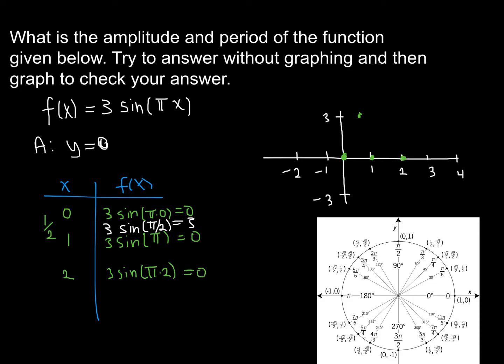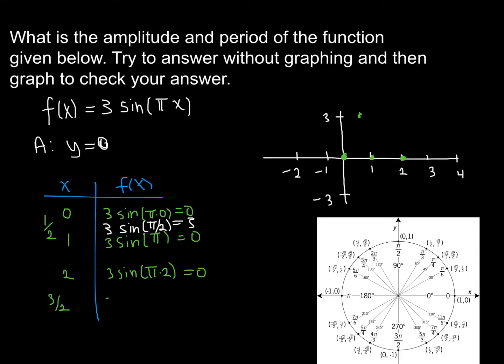But we know it doesn't just travel straight across. We know that sine, as it moves down, is going to go negative, hit its minimum, and then come back up to 0. Where is it going to hit its minimum? Well, in between 1 pi and 2 pi at 3/2 pi, or x equals 3 over 2.